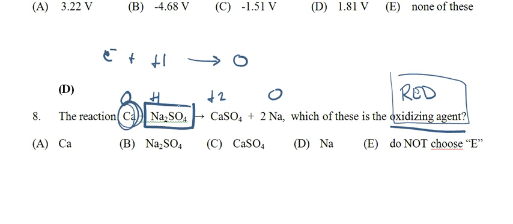Remember, oxidizing agents allow for the other thing to undergo that process. So again, the agent always has the opposite name of what it's doing, but it allows the other thing to do that. So the oxidizing agent would be, in this case, the sodium sulfate. Now, a big mistake that a lot of students make is they like to pick things on the product side.